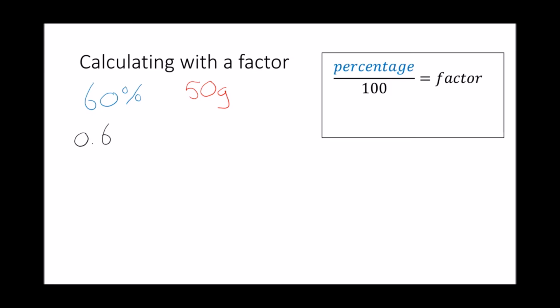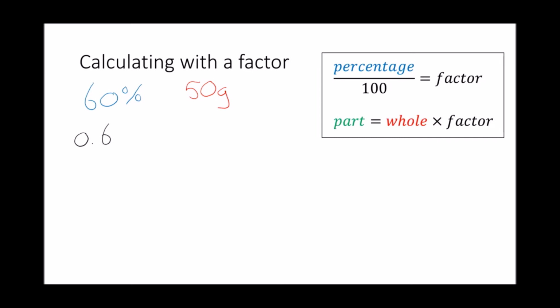And you can essentially think of this as a fraction, what part of the 50 grams we need. We need 0.6 parts of the 50 grams. So from that, I of course need a formula to get that part. And as I said, a factor is something you multiply by.